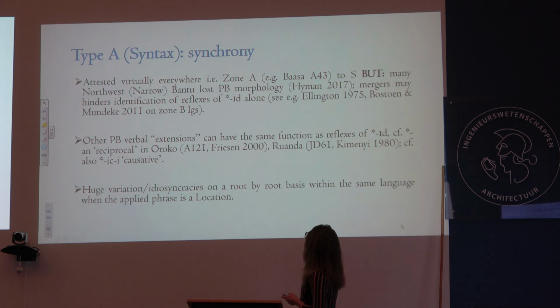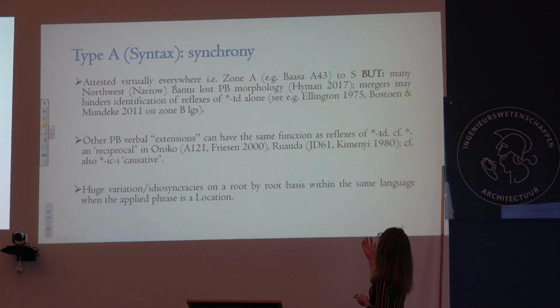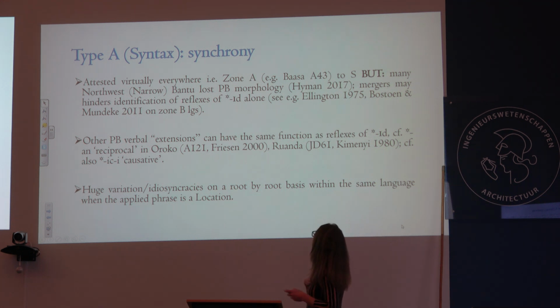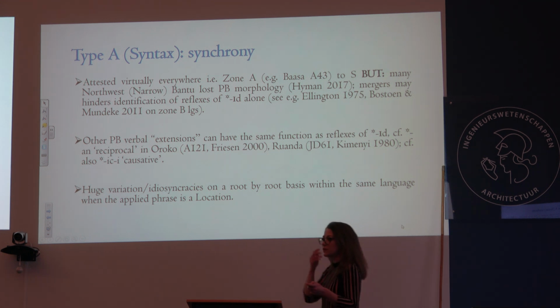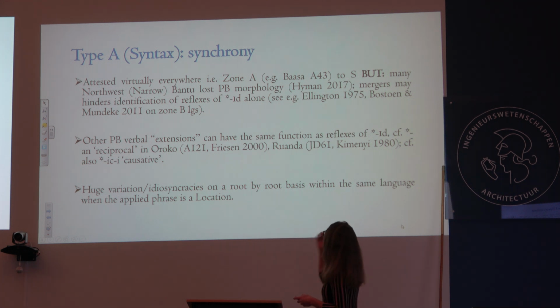Okay, so what do we know about this type that is attested virtually everywhere from zone A, if I'm not wrong, to zone S? However, as we have discussed already, many Northwest, whatever that means, Bantu languages lost Proto-Bantu morphology, and we also have mergers in certain zones that might hinder our identification of the reflexes of it alone.